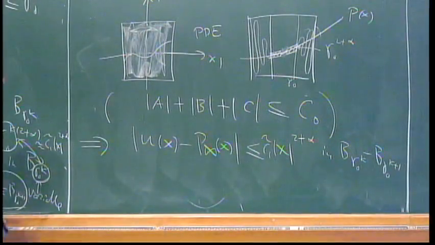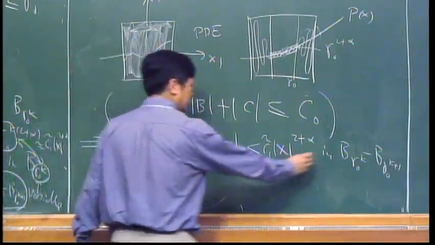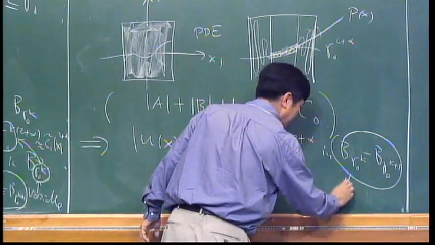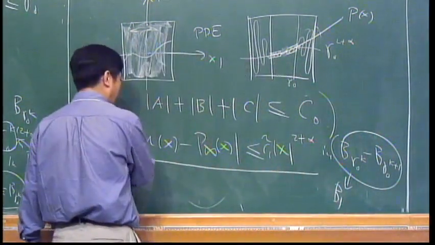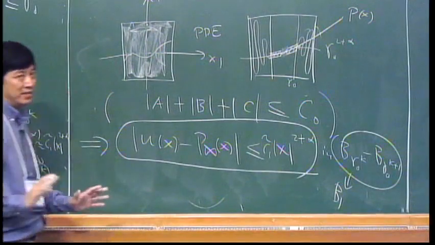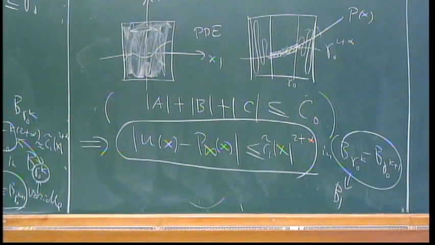So it's true everywhere. So I prove this estimate holds for every single x in the whole ball, under the condition that this is true for every k. Okay, this is a condition, but that's it.